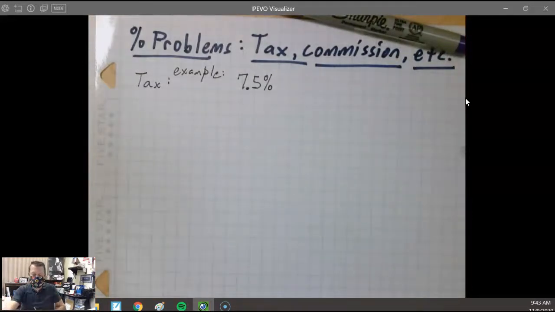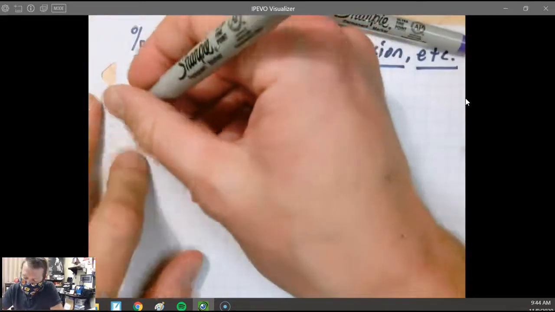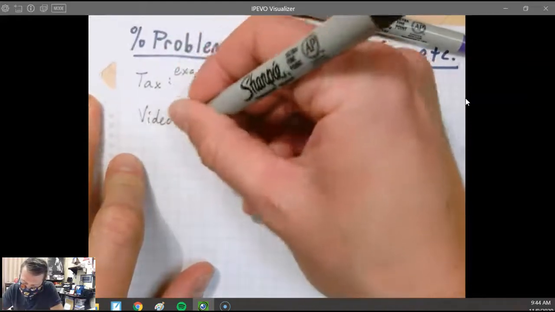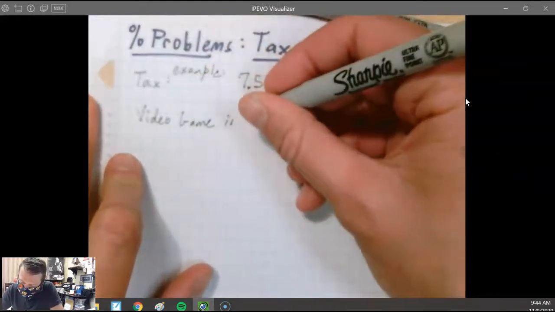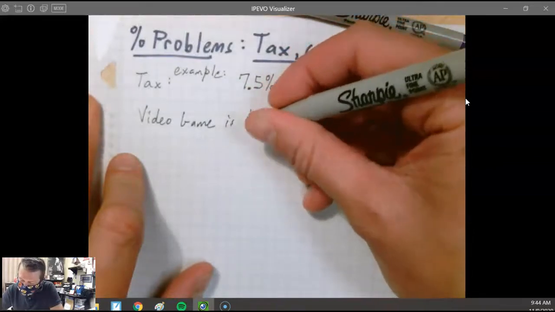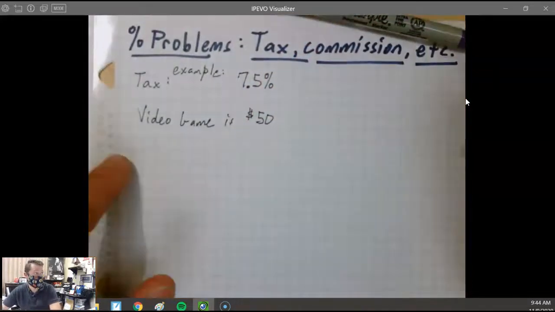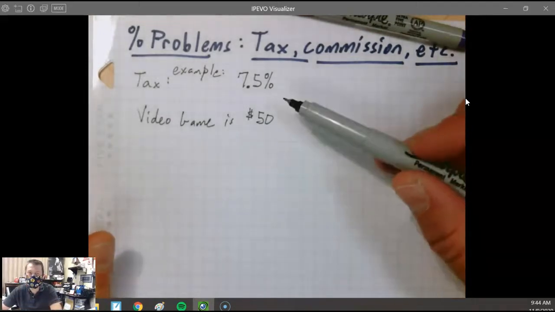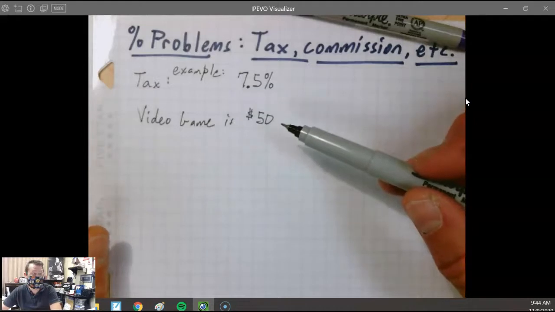If you go and buy a video game for $50, please write this down so when you look back at your notes, you know what we were doing. You might think, man, I don't know how to figure out the tax on that. I don't have a calculator with me. I got to know if I have enough money.